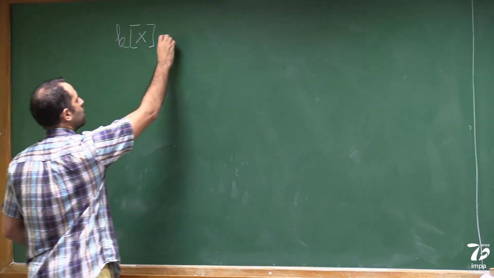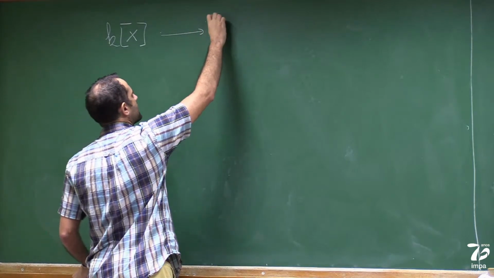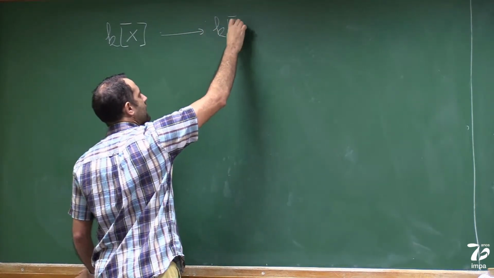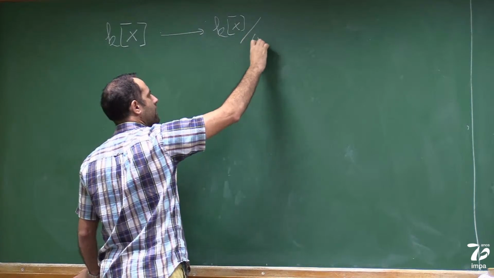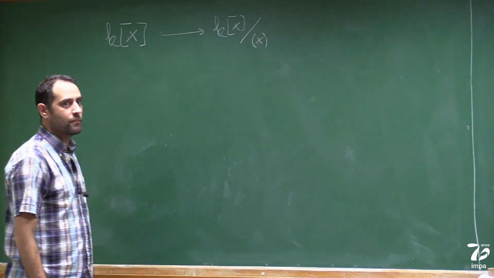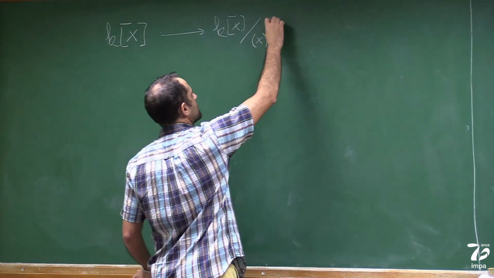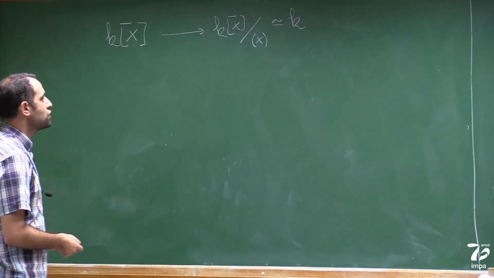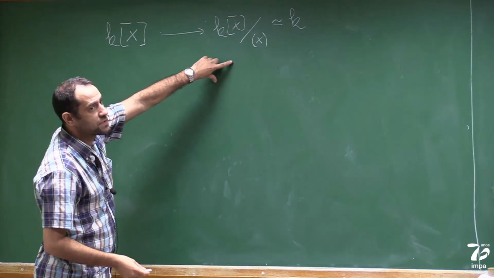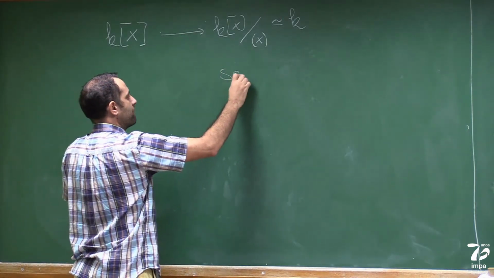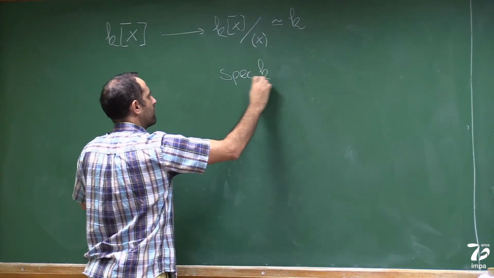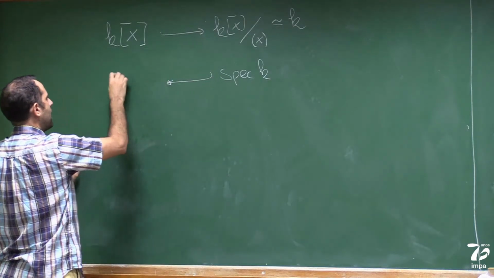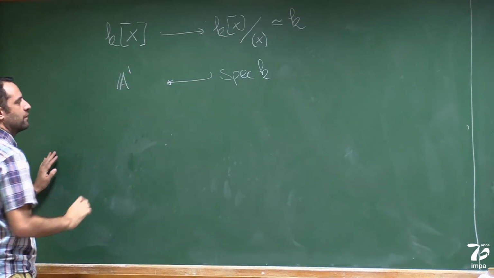So I think I want to take the following. I want to look at k[x] divided by x, which as a ring is just the field k. Geometrically, this is just a point, the spectrum of k, inside of a line, which is the spectrum of k[x].